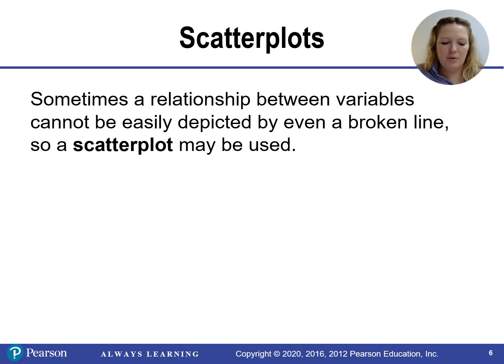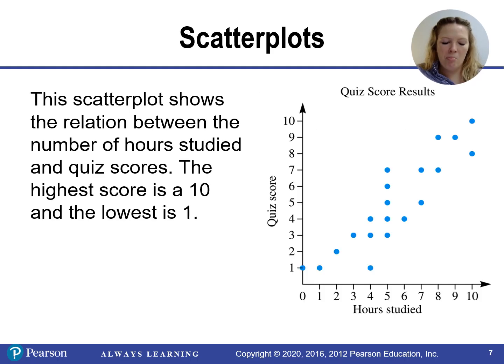So just be careful when you're interpreting data that you pay attention to what scale is being used. Sometimes a relationship between variables can't be depicted by even a broken line, so we have to use a scatter plot instead. A scatter plot shows a relationship between two variables. In this example, we have the number of hours studied and the quiz scores that were received. The highest score was a 10, and the lowest was a 1.